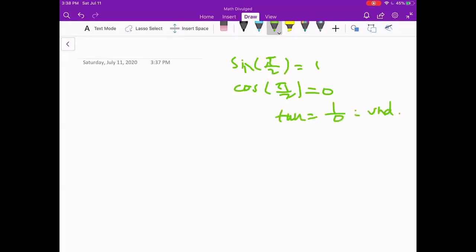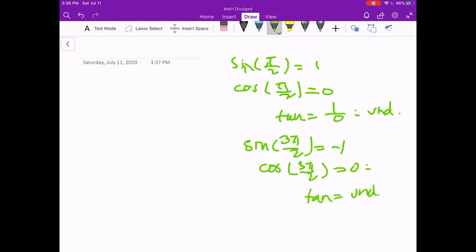And the same can be said about 3 pi over 2. At 3 pi over 2, we have sine equal to -1, cosine is equal to 0. So the tangent is also undefined.